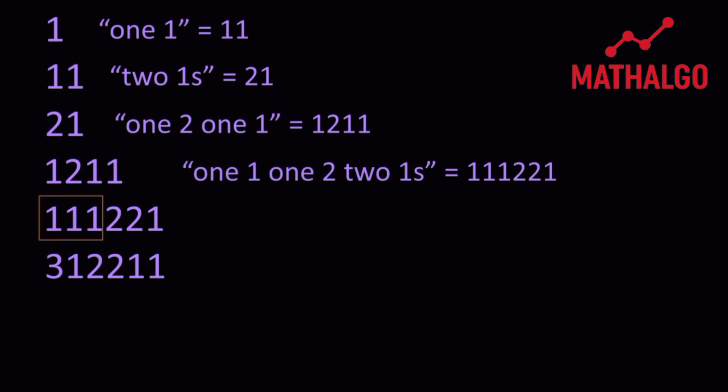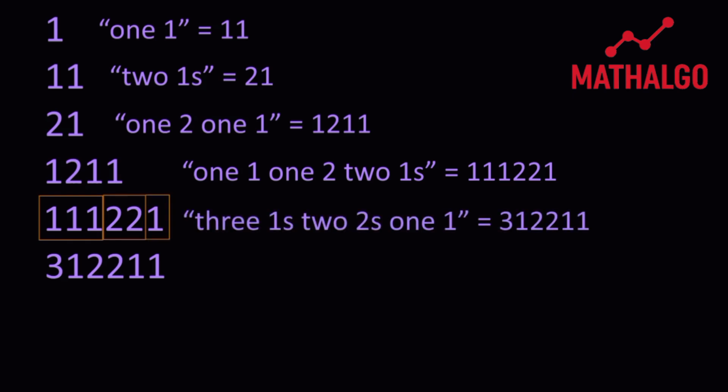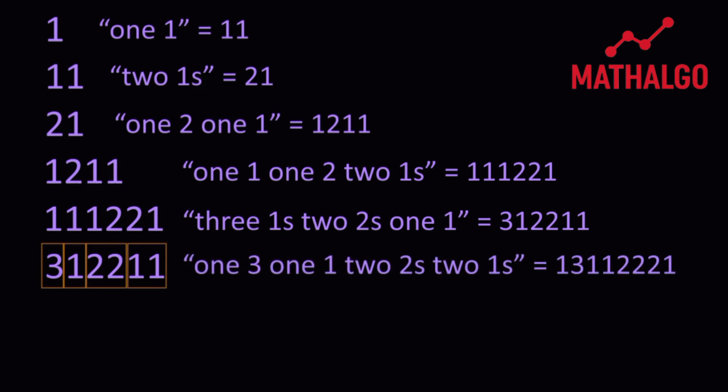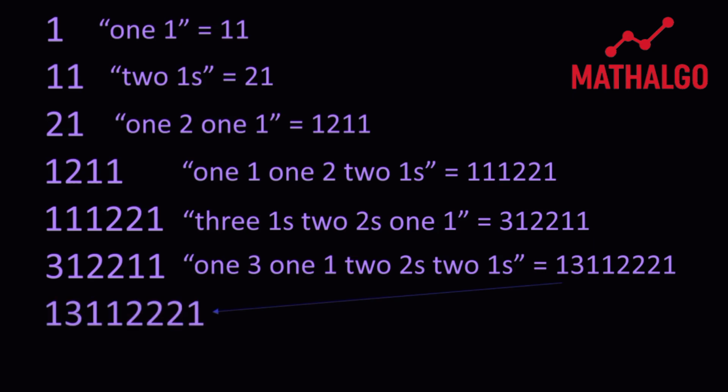After that, 111221, you say three 1s, two 2s, one 1, which becomes 312211. So the next number in the sequence is 13112221. And that's it.